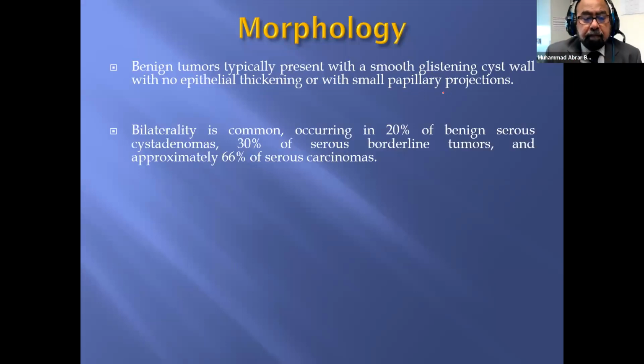Bilaterality is common, occurring in only 20% of benign serous cystadenoma, 30% in serous borderline tumors, and about 66% in serous carcinoma. So if serous tumors are bilateral, you will think first of carcinoma, because 66% of serous carcinomas are bilateral.